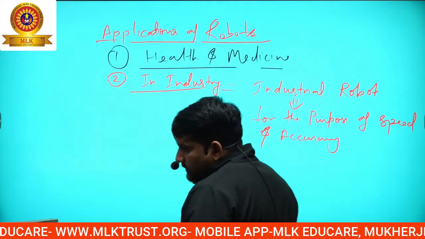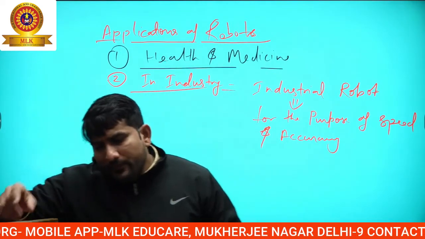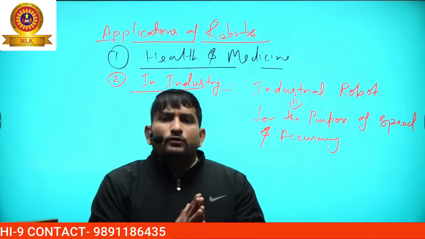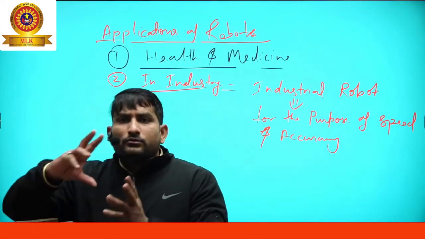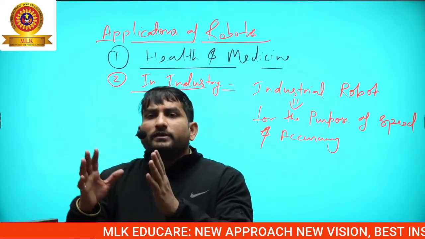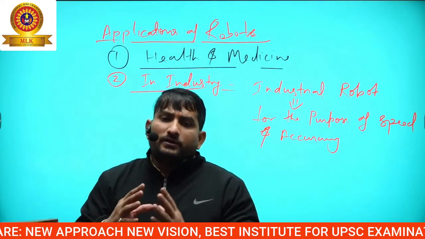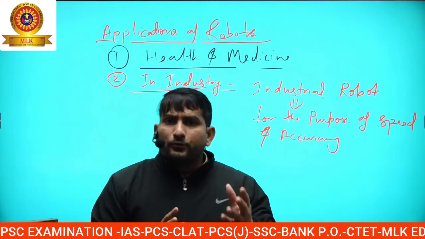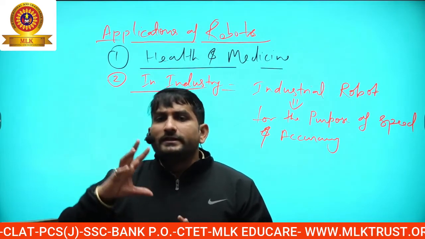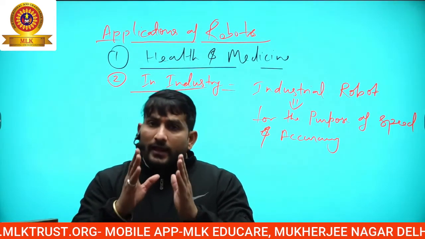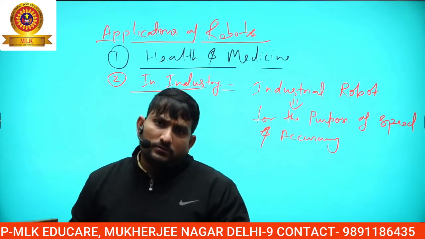If we are putting a gap value of some units in between specific objects, we give the input to the robots and the robots read it out. So the robot performs the task at accurate parameters.